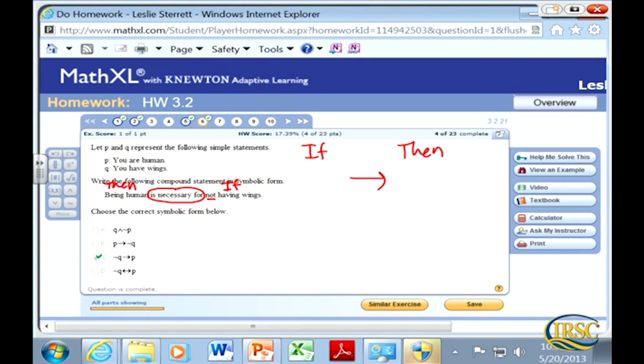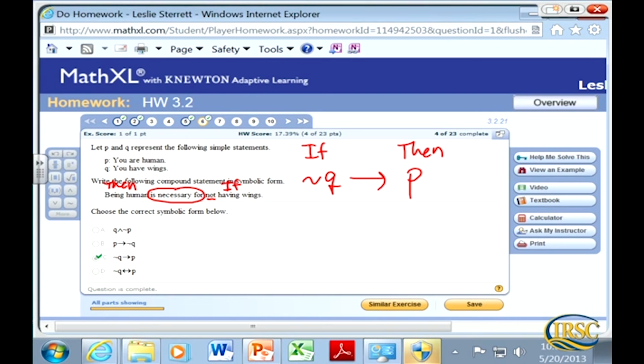So if you can identify that, again, this is why in my book I wrote the words if then all over that chart in my book. If then, it's what's the if part, what's the then part. So the if part comes after is necessary for, so the not having wings is the if part, and you have wings as Q, so I need a not Q to come first as my if part. And therefore the you are human, the P, comes second in the symbolic form.